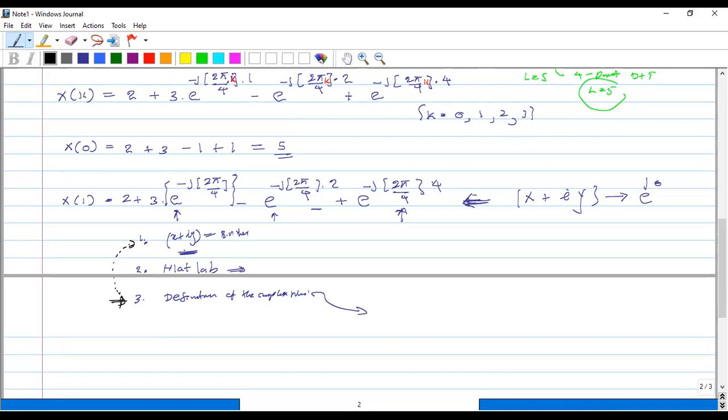The same thing you can do using the Euler formula, but I am going to use the basic definition here. I think that is somewhat easy, because we can calculate the value very easily, but not in all cases.